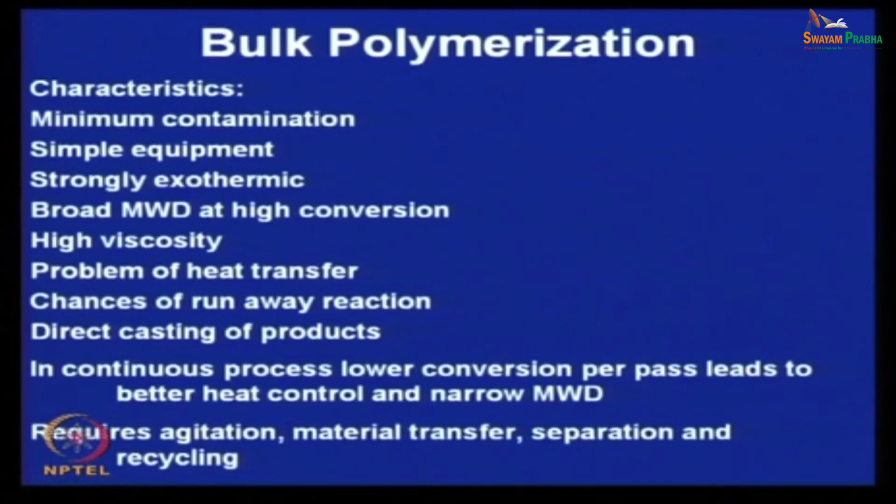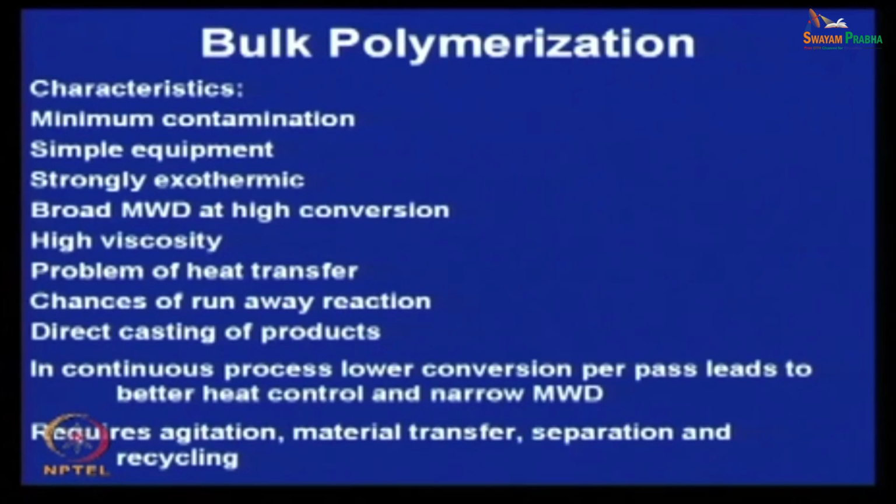Diffusion is restricted by increase in viscosity at higher conversions. Well, so, the other events of chain initiation and growth may not get proper access to growing to higher sizes. So, that gives a broad distribution of molecular sizes.